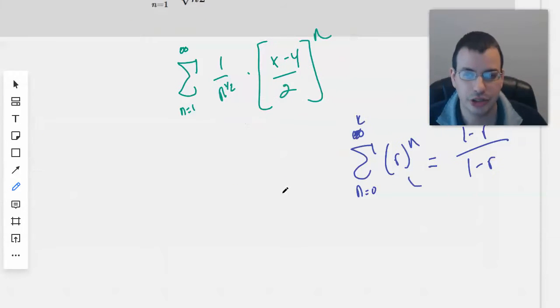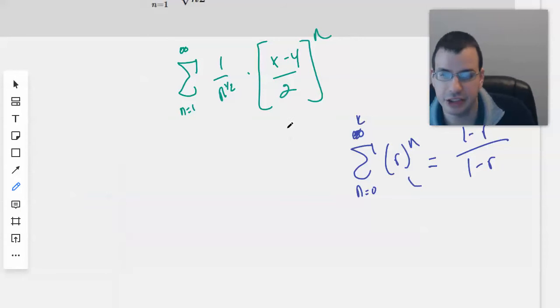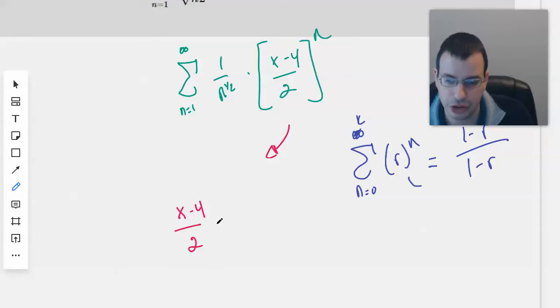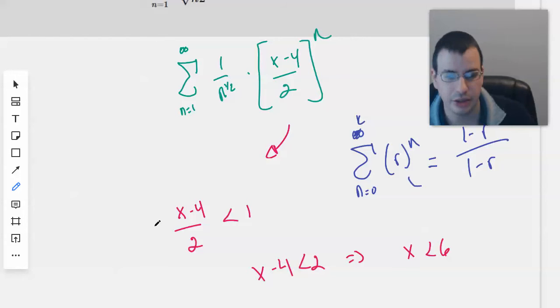So what we're going to do here is find where the absolute value of (x minus 4) over 2 is less than 1. So x minus 4 is less than 2, so x is less than 6.